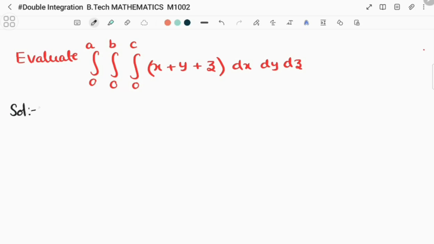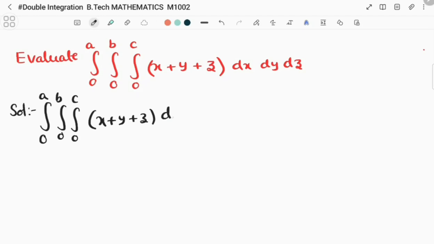First, integration with respect to x you can start and end with dz, or start with dz and end with dx. Anything you can do. So here I am doing integration first with dz.